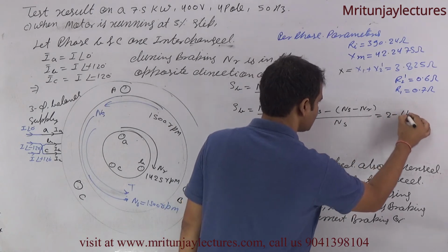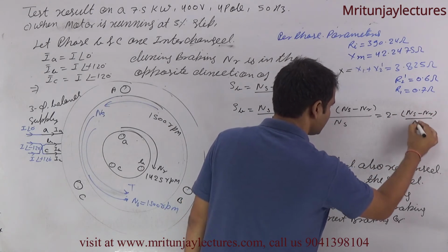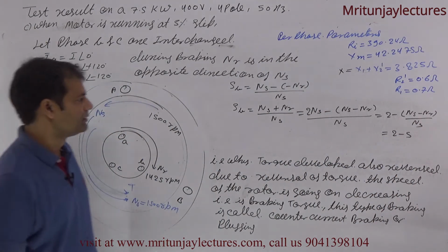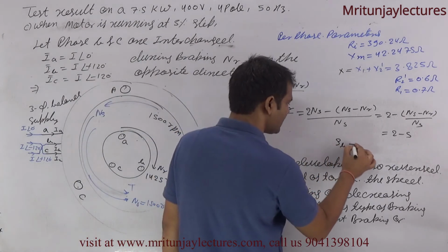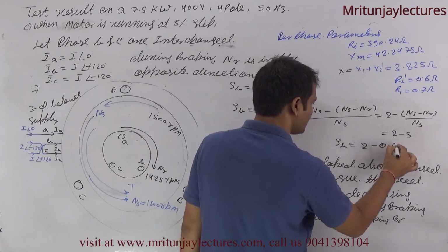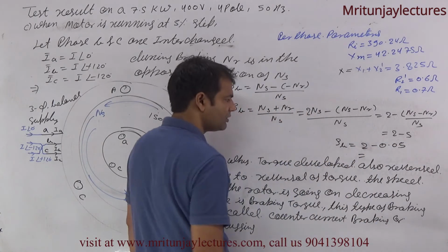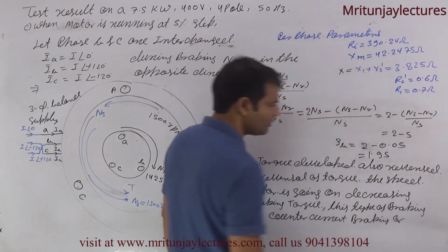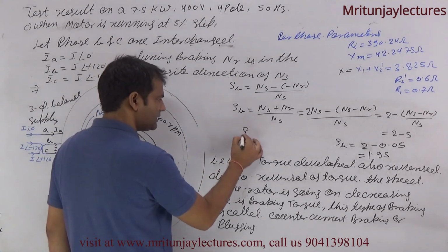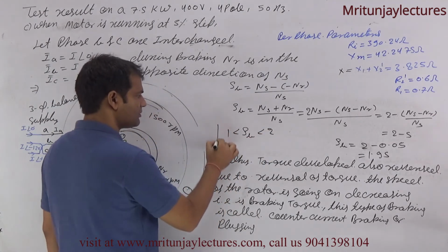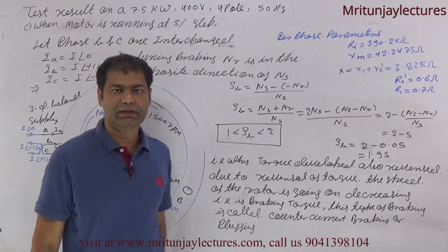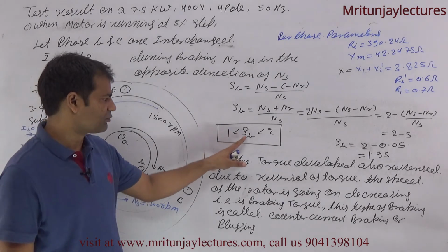So 2 minus NS minus NR divided by NS, that is 2 minus S. So SB is 2 minus S. What about S? 0.5. So we got 1.5. During braking, what about slip? It lies greater than 1 and less than 2.